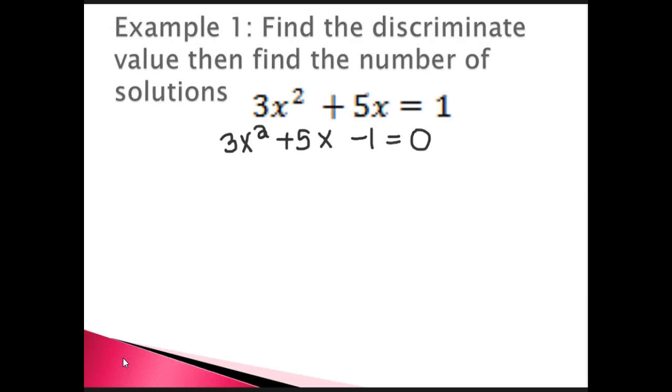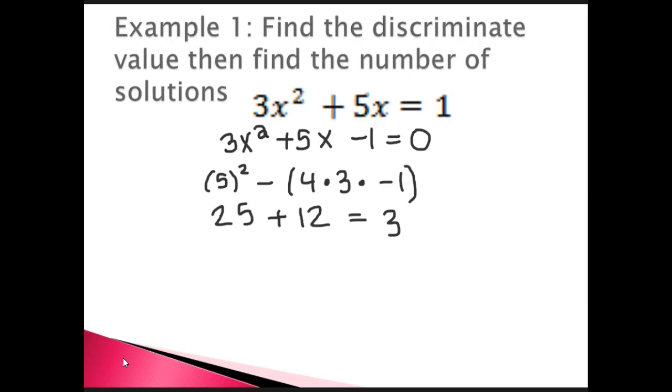So the discriminant is b squared minus 4 times a times c, which is 37. So 37 represents the value of the discriminant. 37 is positive.